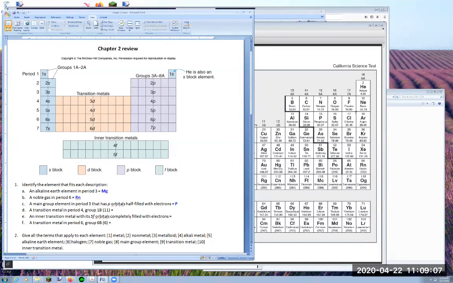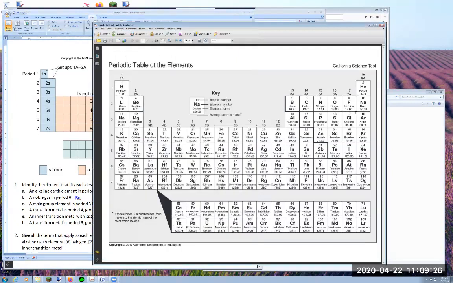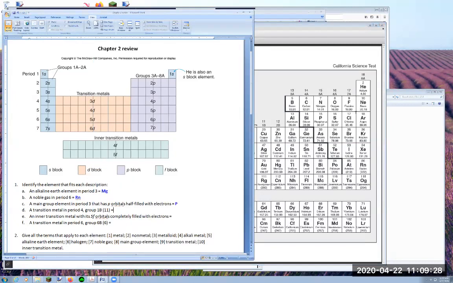Now, transition element in period 4, group 1B. So I also gave the group number in the other way that they are named. Group 1B is also group 11. So a transition metal. Transition metals are in the B groups.